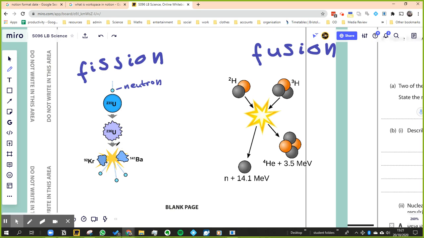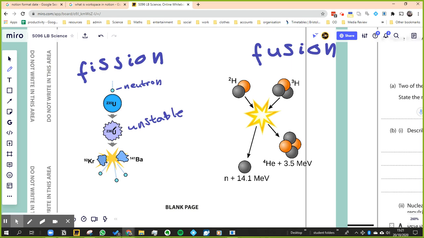You don't think about it as like bullets or rocks being thrown out a window, but it's more that it absorbs this neutron, and when it absorbs this neutron, it becomes unstable. So notice also it's still uranium because I didn't give it any more protons, and it's the protons that determine the name of the atom, but the mass number has increased.